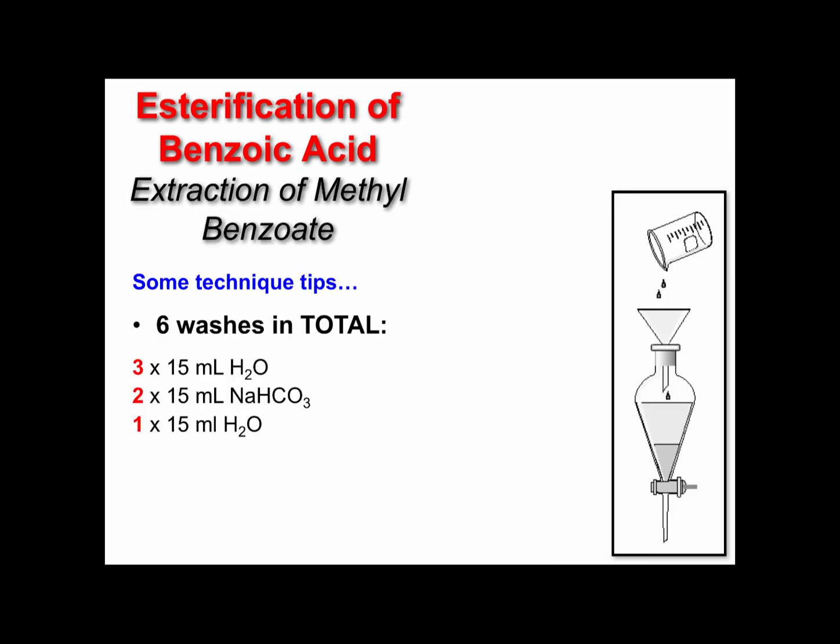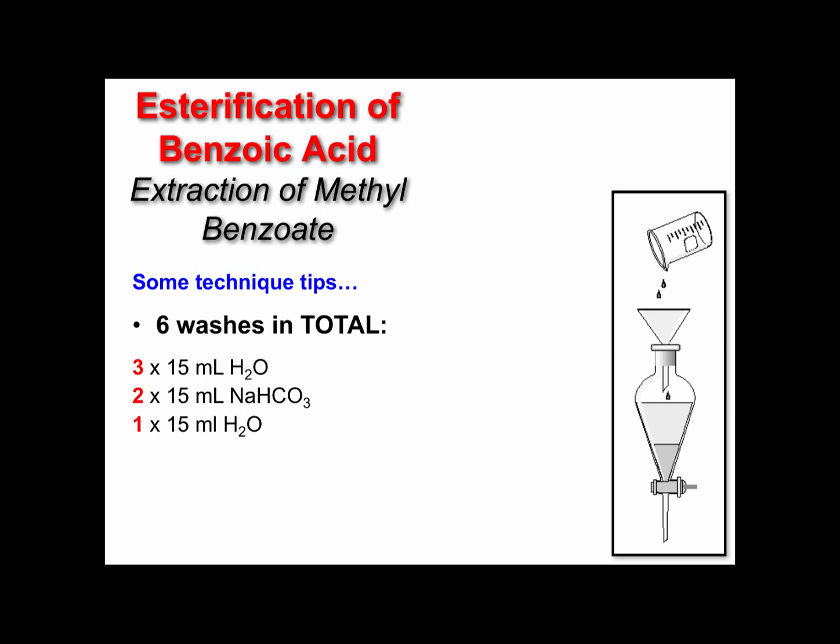Once you've completed the reaction and you've allowed it to cool down so that you can handle it, I want you to transfer it into your separatory funnel, add some dichloromethane, and then add some water. You're going to do that extraction and the separation. Once you get the organic layer, your methyl benzoate will be in the organic layer. You're going to wash that organic layer with an additional 2 portions of water, 2 15 ml portions.